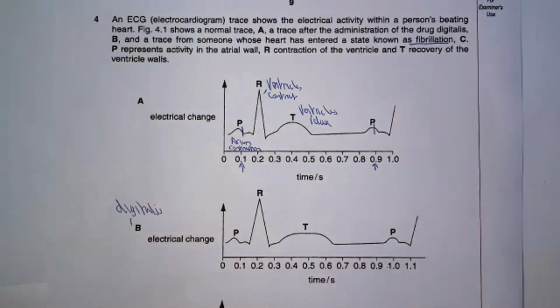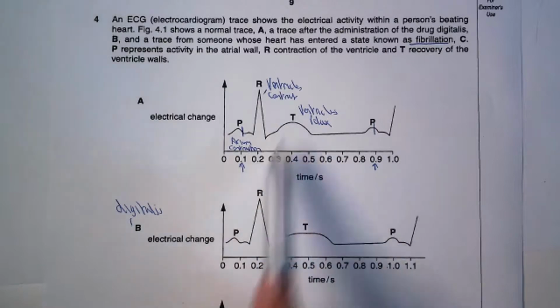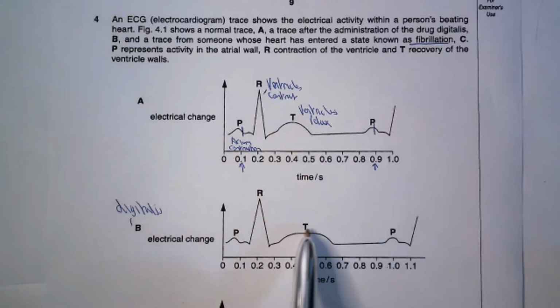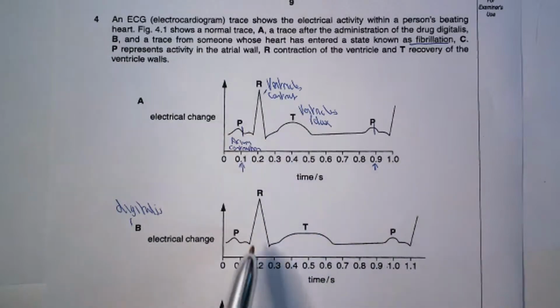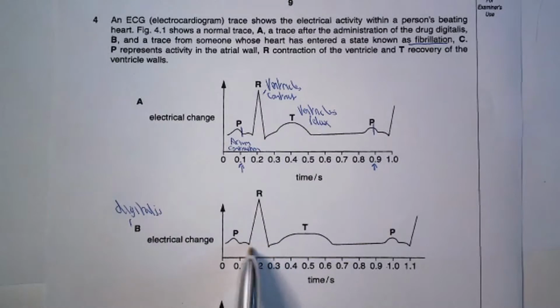So that lengthens the ventricle cycle, the ventricle contraction time. We can see that the entire cycle is finishing at a later time. So the digitalis obviously lengthens the cycle. Sorry, T is relaxation, and T lengthens the relaxation time of the ventricle. And then we're comparing R, it also lengthens the time for ventricle contraction.